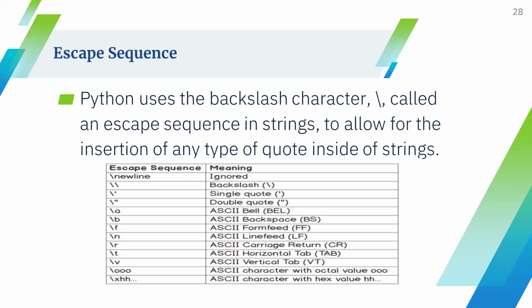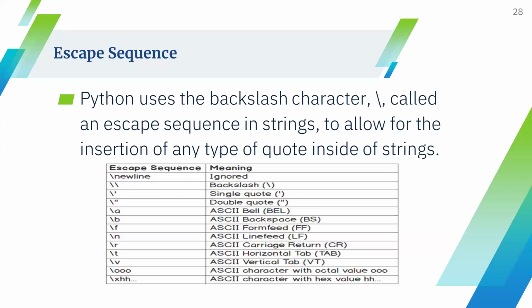When I want to display single quotes in the output, just giving quotes will not display them. So you have to start with a backslash-quote and end with a backslash-quote, and then along with the quotes, it will be displayed.